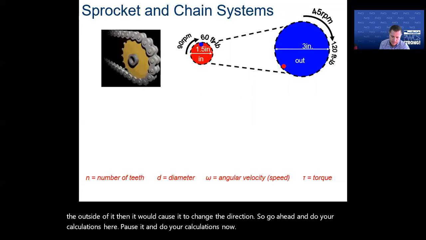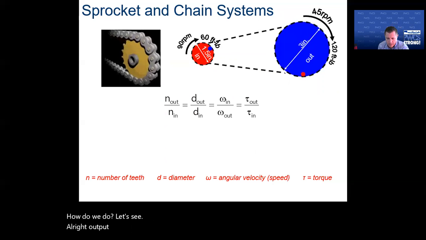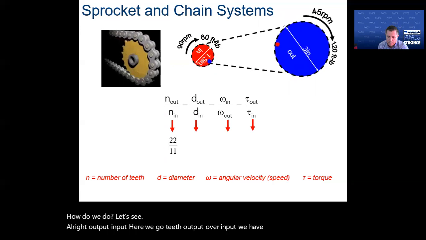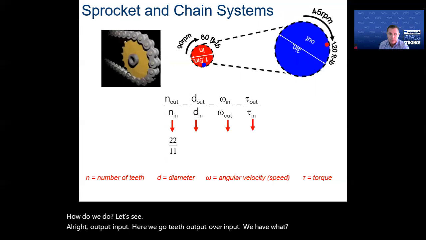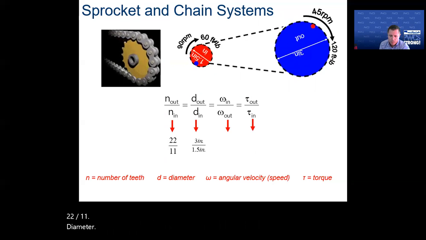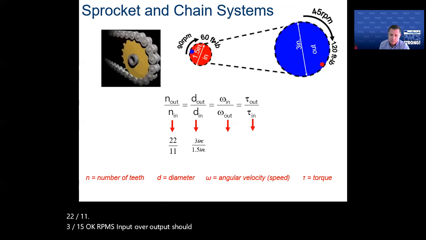How do we do? Let's see. All right. Output, input. Here we go. Teeth, output over input. We have 22 over 11. Diameter, 3 over 1.5. RPMs, input over output, should be 60.